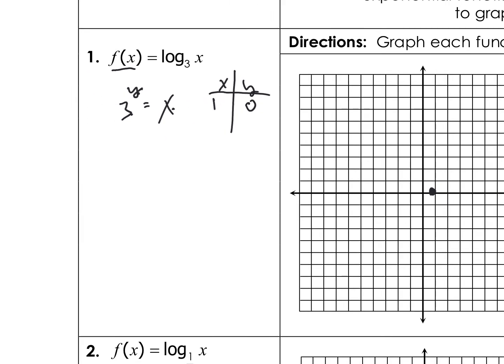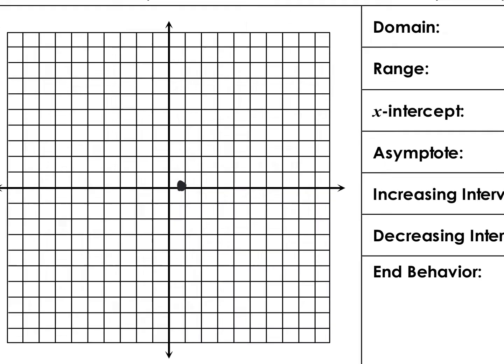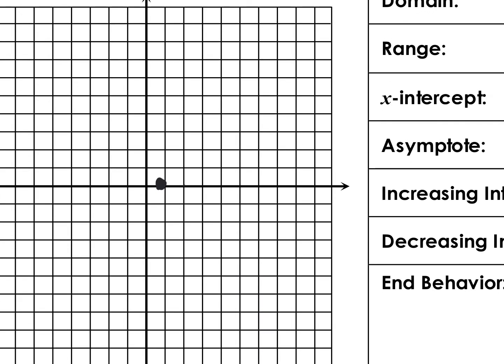Let's do, what if y was 2? 3 to the 2 is 9. So now I gotta go (9, 2). 1, 2, 3, 4, 5, 6, 7, 8, 9. 1, 2. Oh, yeah, look at what I see.